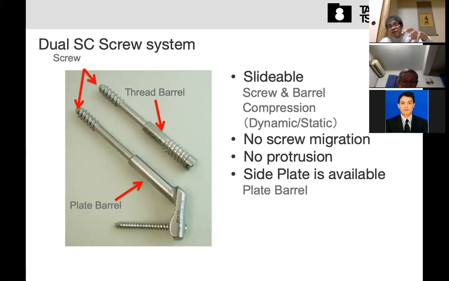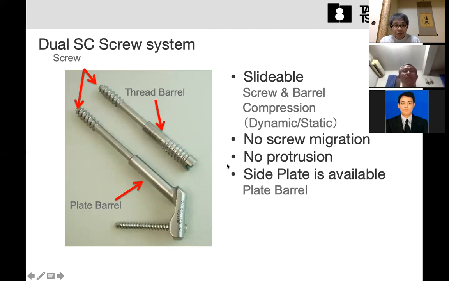Dynamic means after the operation, during weight bearing, this weight bearing force will act as a compression force between the fragments. And the starting compression means if we drive the screw, this one, then after it reaches the longest length of this screw in the barrel, the femoral head fragment will come distally, and they can cause the compression force.